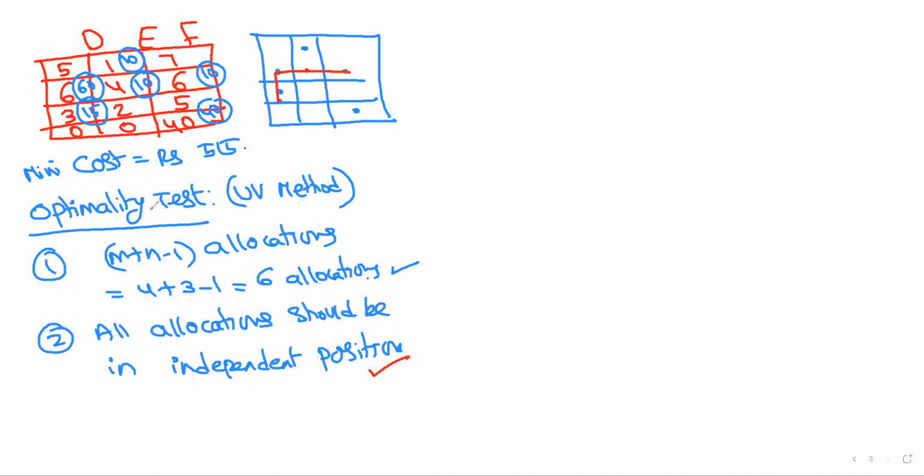So I can check by the optimality test. To find optimality, first I have to find ui and vj values for the basic cells. Once again, I copy the table.